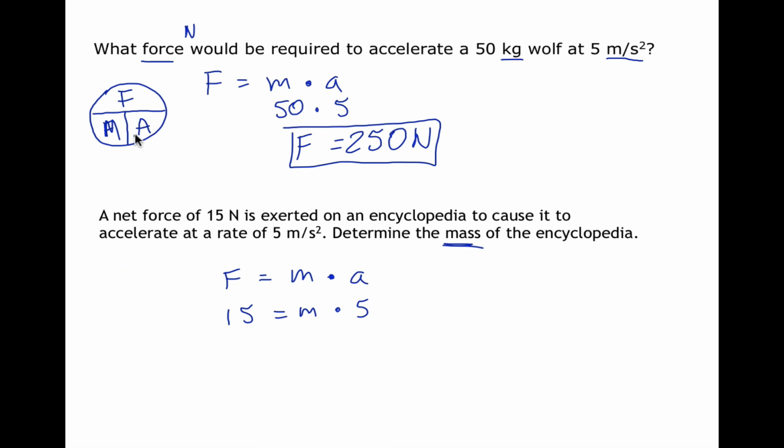So now we can use this up here. If we're trying to find m, remember you cover up the m and then it tells you what to do: force divided by acceleration. So 15 divided by 5 gives us 3 for our mass. You can write it out again, m equals 3 kilograms. So that's how you'd solve for m. Do it the same way for acceleration.